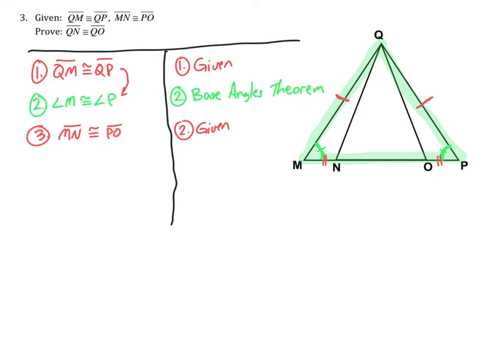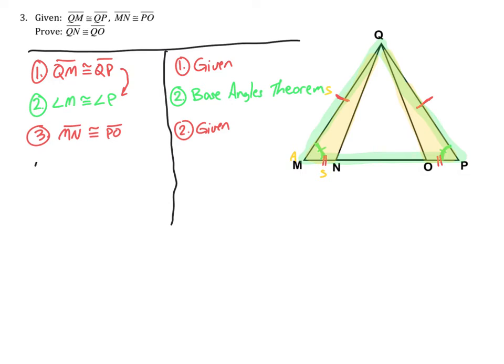All right. And then if you take a look at just these outer triangles, notice right there, on those outside triangles, you can see that I have a side and an angle and a side.